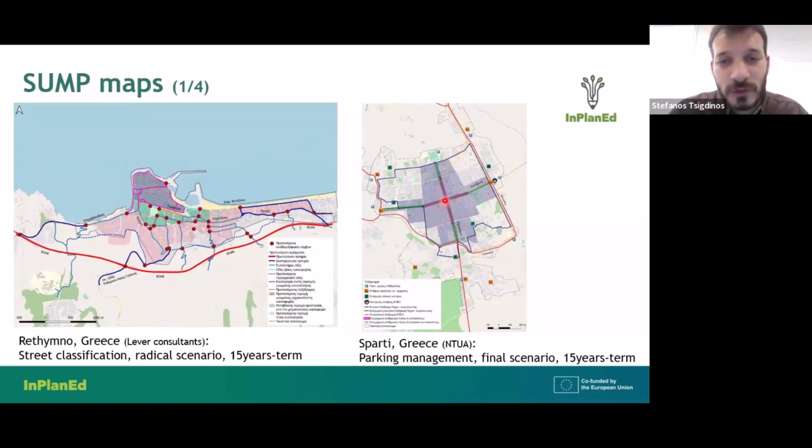This is the new center, because it was partly remade in the 19th century. Here is the old, ancient part of the city. Here is the new one. Here we can see that we have an extensive zone of parking control, where we should park our car in specific places and not everywhere. This is also another measure of SUMPs, controlled parking.